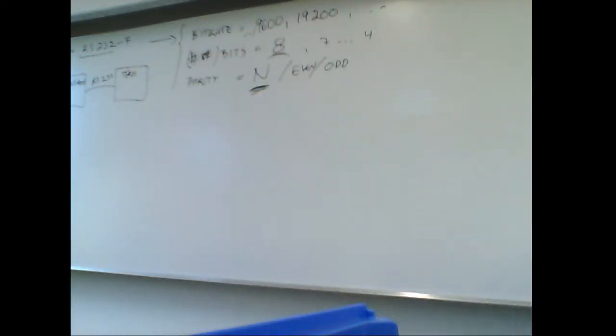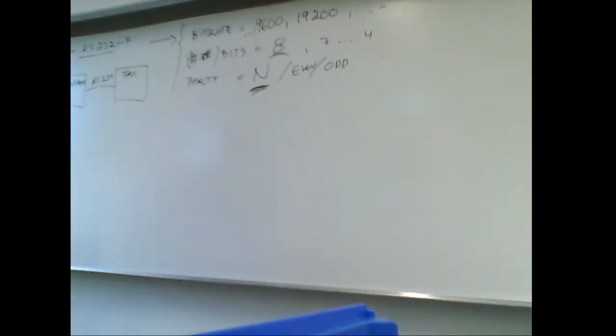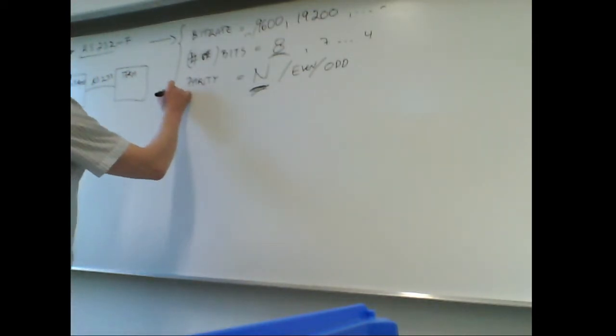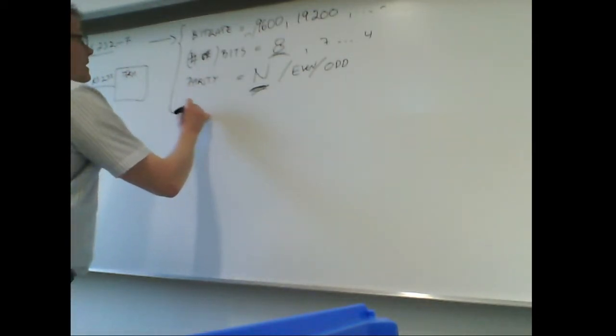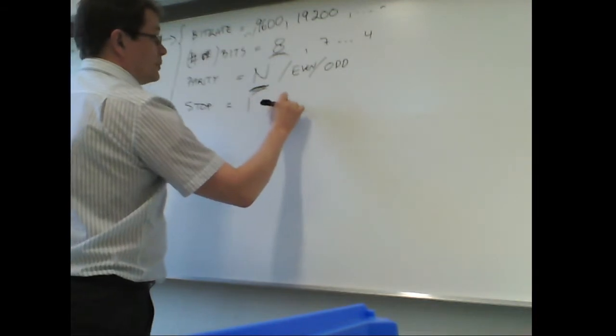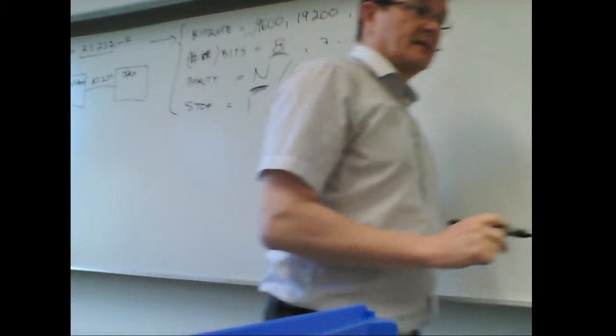Nowadays, usually the data integrity is tested by some better means than just one single bit. For example, cyclic redundancy checks, CRC numbers. And the fourth one here is actually the number of stop bits, either 1 or 1.5. And how to make 1.5 bits?